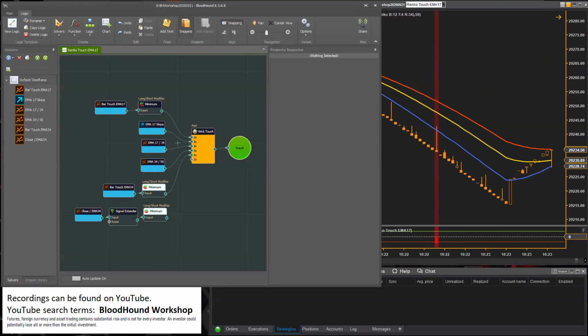Okay, so I guess what that means essentially is the wicks. If it's not the closing price, then it would have to be the wick that can go over.